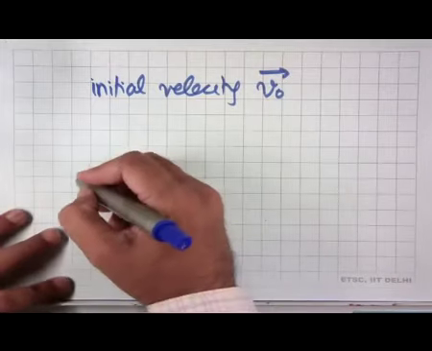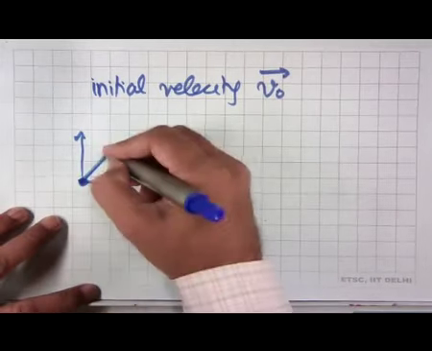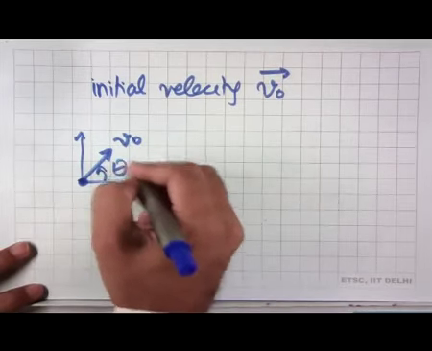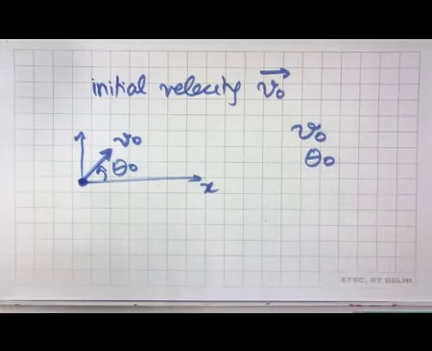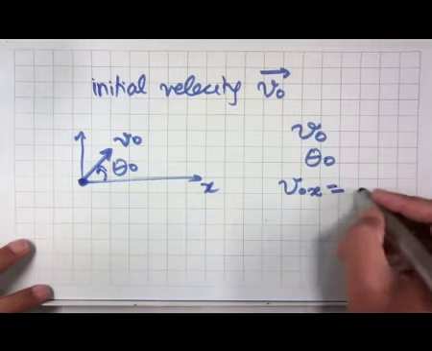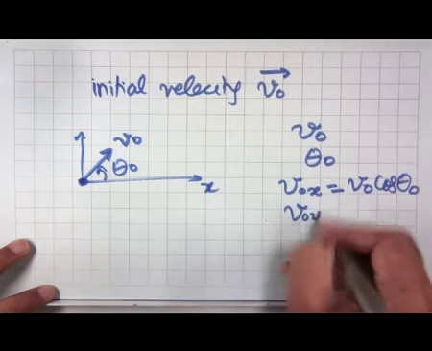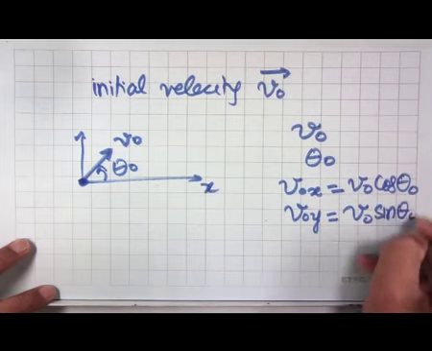So, we are saying this is the origin, the particle is at this location and it has velocity v 0, which we can also express as the speed v 0 and the angle theta 0 with the horizontal which the initial velocity makes. So, here we can see that the x component of the initial velocity will be given by v 0 cos theta 0, and the y component of the initial velocity will be given by v 0 sin theta 0.